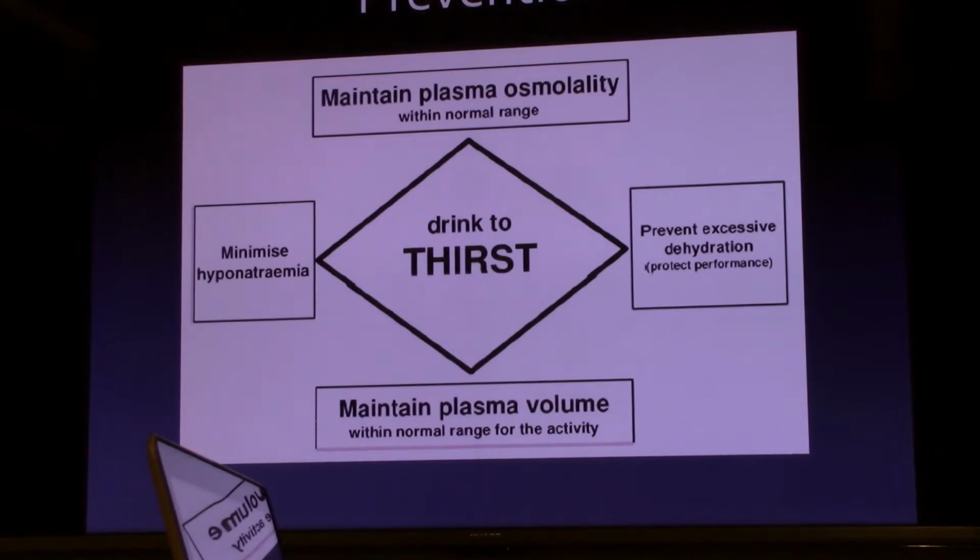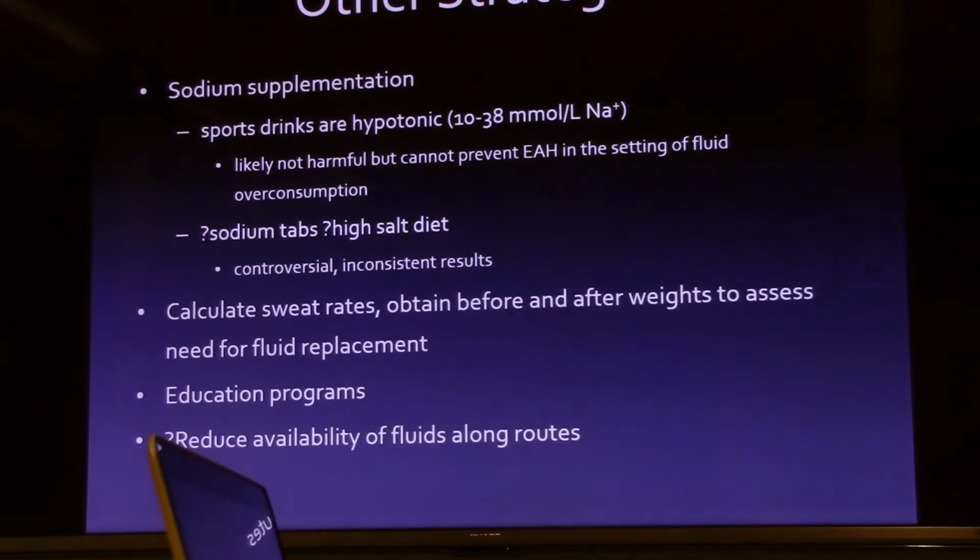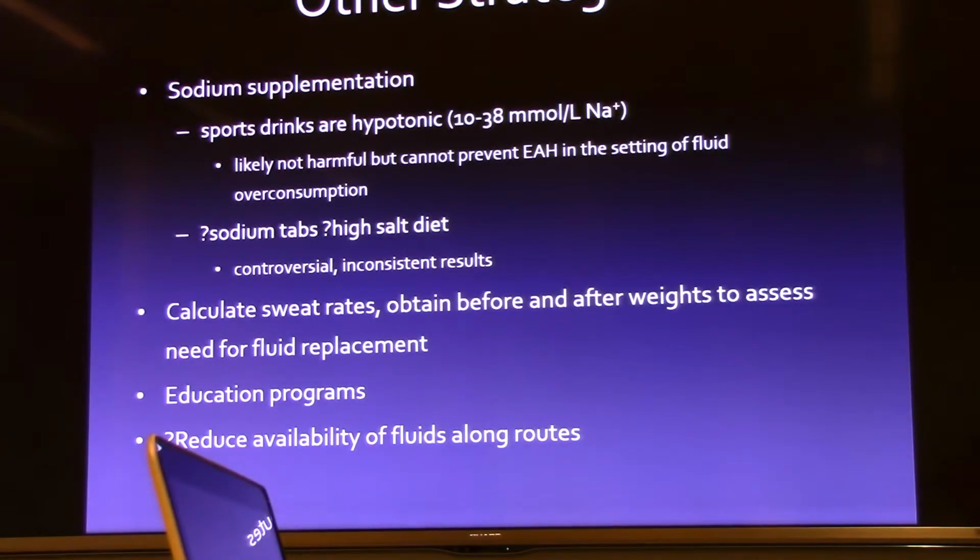Just like with everything in medicine, the key is prevention. The current recommendation is to drink to thirst, which will help to minimize hyponatremia as well as prevent excessive dehydration. Some of the other strategies that have been looked into include sodium supplementation.